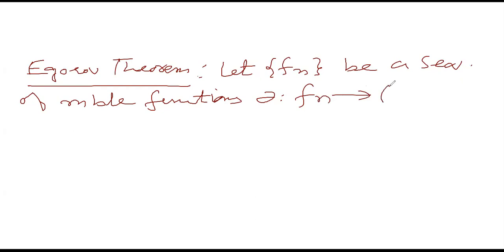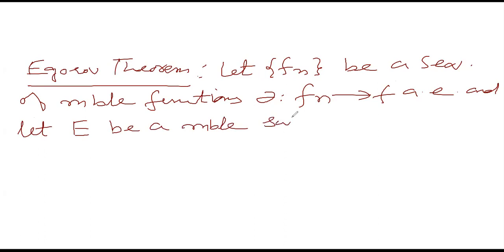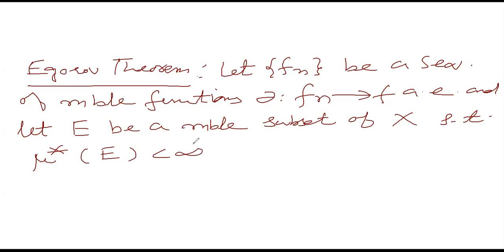fn converges to f almost everywhere, and let E be a measurable subset of X such that the measure of E is finite, such that mu star of E is less than infinity.